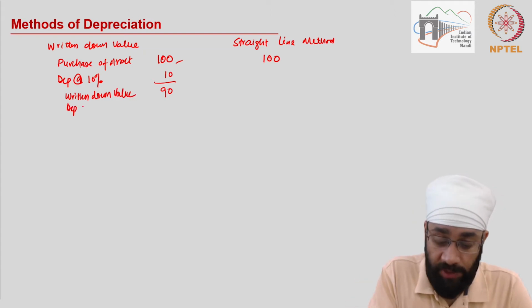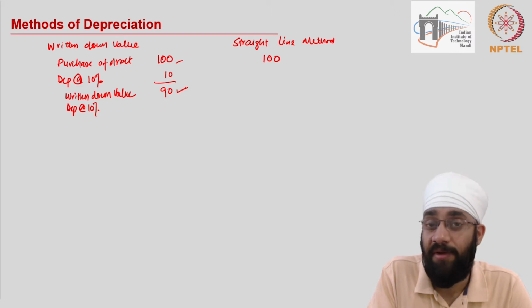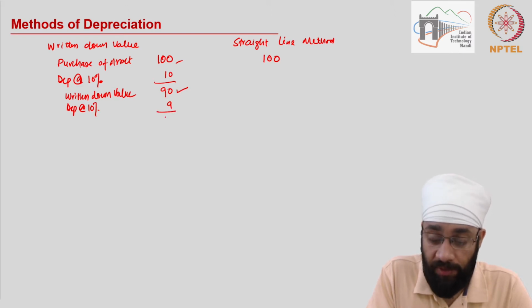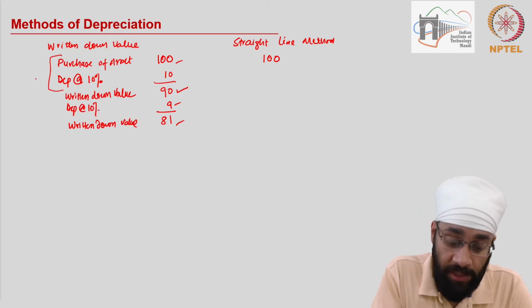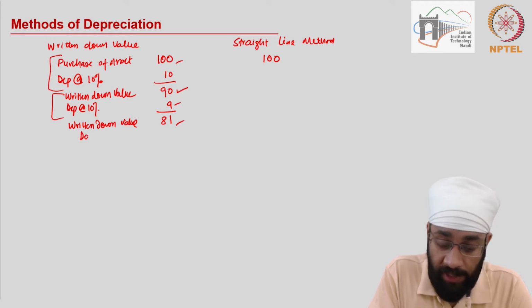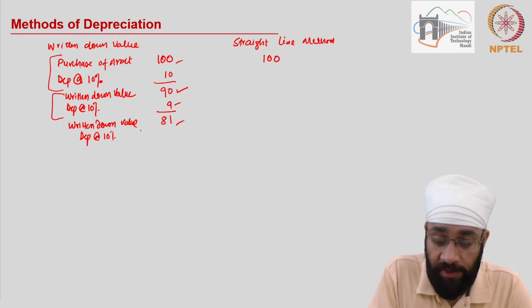Now the new depreciation at the rate 10% is going to be charged on this written down value. Therefore, depreciation of 10% is 9, and you have another written down value. And all of this is happening in the first period, second, and then again you can have depreciation at the rate 10%.